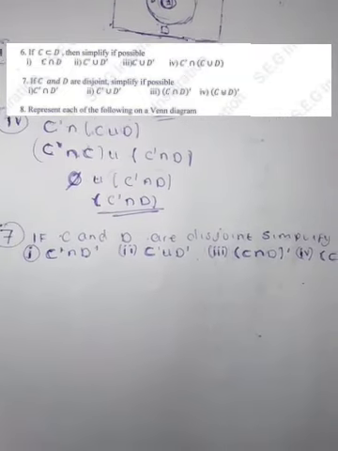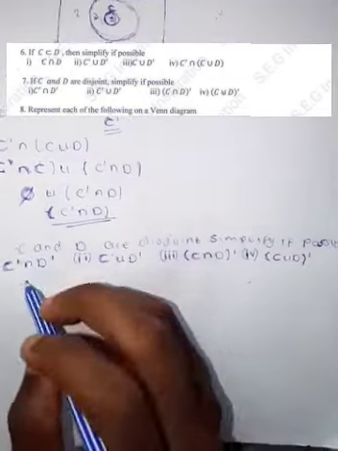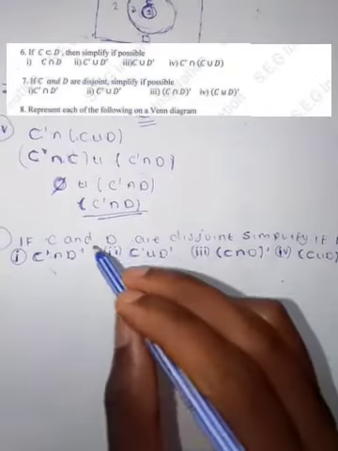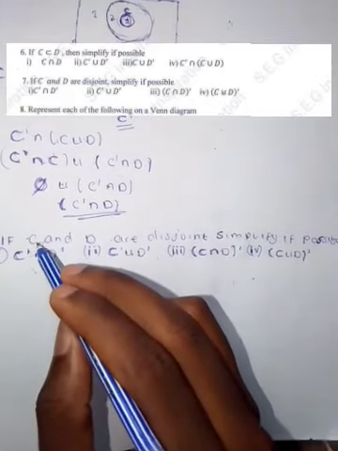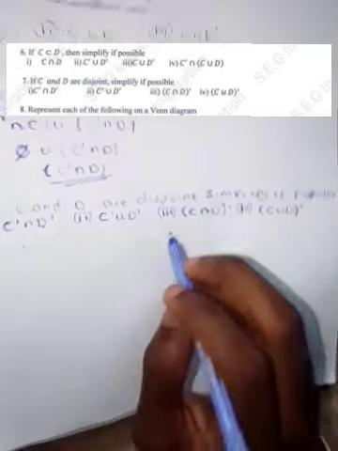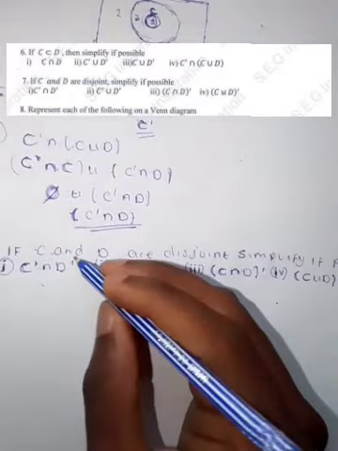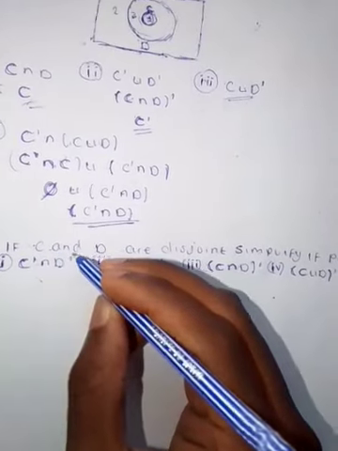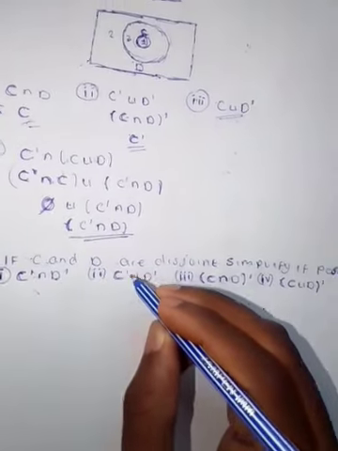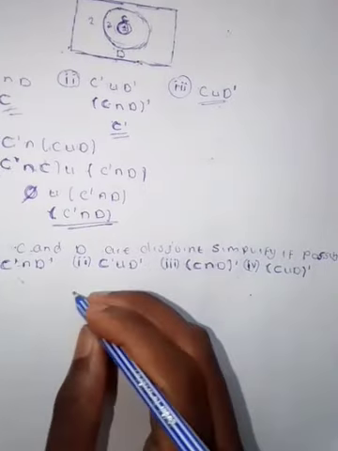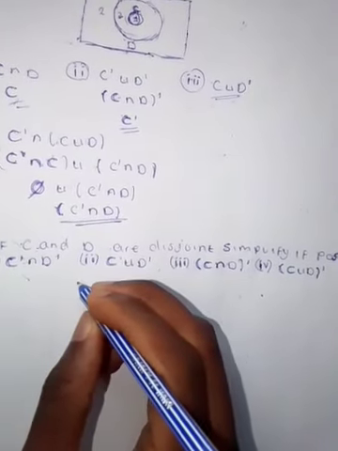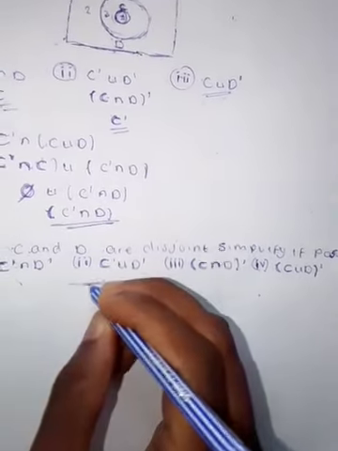So they want us to simplify these statements, provided that we have sets C and D, and here they have said that sets C and D are disjoint. What do they mean? They mean that we have two sets.